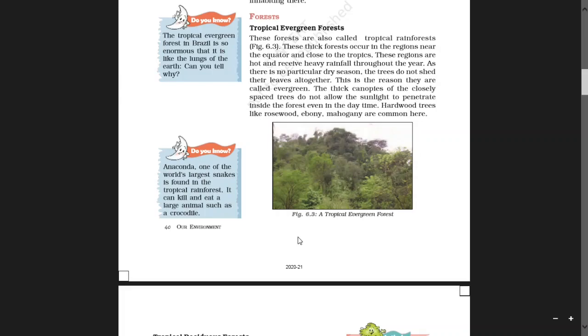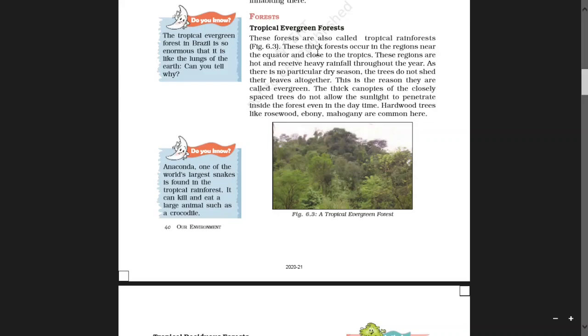See the picture given, figure 6.3, of a tropical evergreen forest. These thick forests occur in the regions near the equator and close to the tropics.